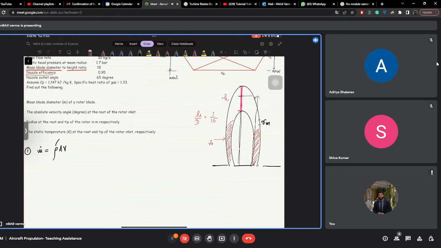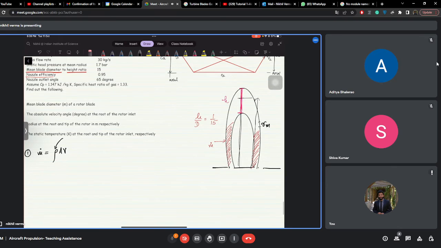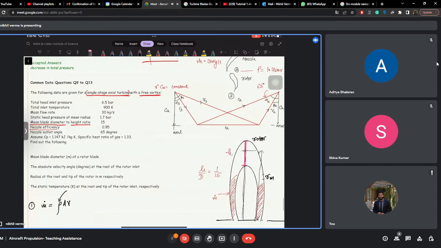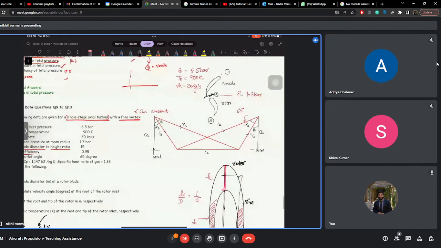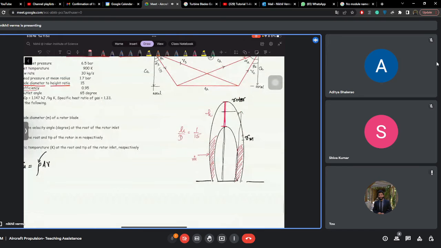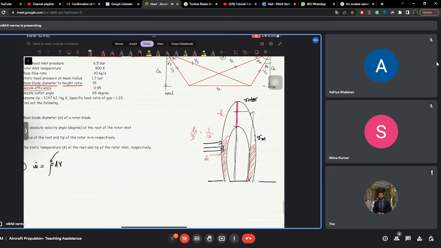What rho will you take? This is your rotor section, right? That should be at station 2, since the information is given for 2. Whatever mass flow rate goes through this is equal to the mass flow rate going through this, so density should be taken at 2.